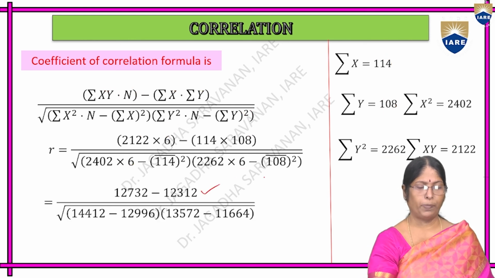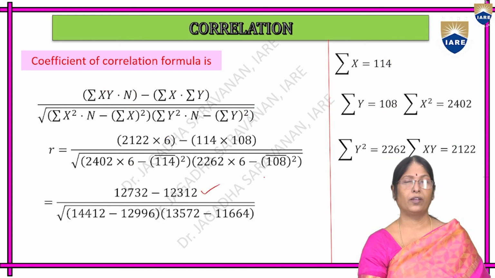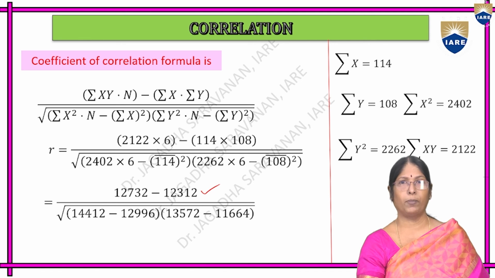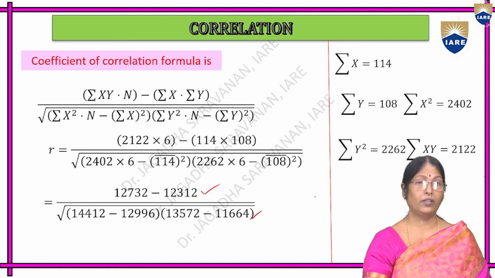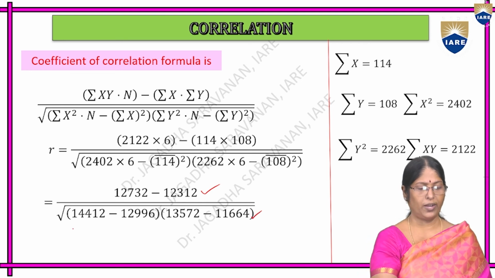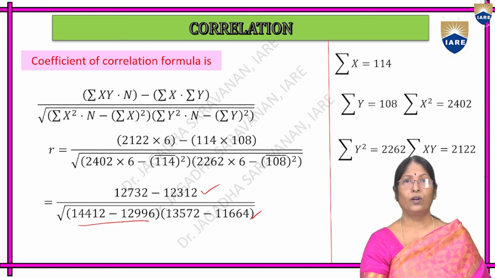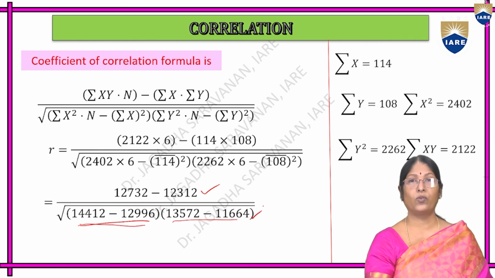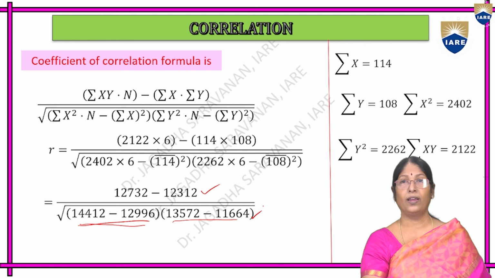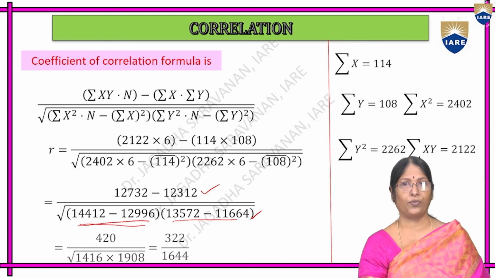So after the multiplication operations, the numerator is 12,732 minus 12,312. Coming to the denominator, there is a square root of two terms. The first one, simplified, is 14,412 minus 12,996. The second part is 13,572 minus 11,664.